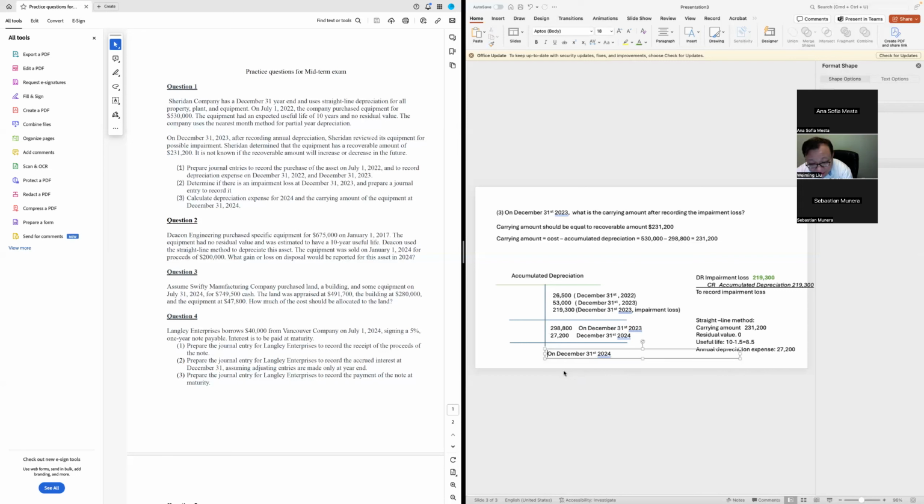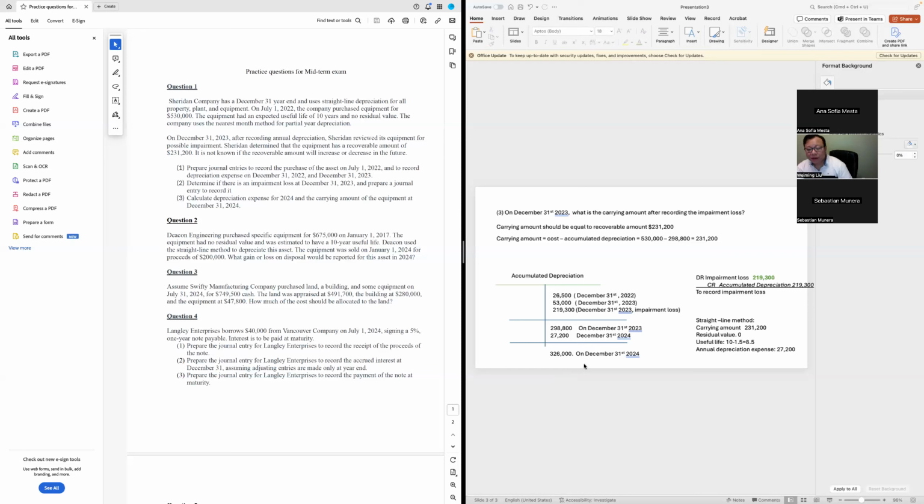This balance is, let's see, 326,000. Is that correct? So on December 31st, 2024, your cumulative depreciation should be 326,000. Is that correct? Yes. Okay.